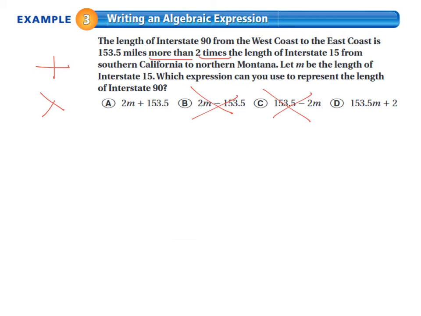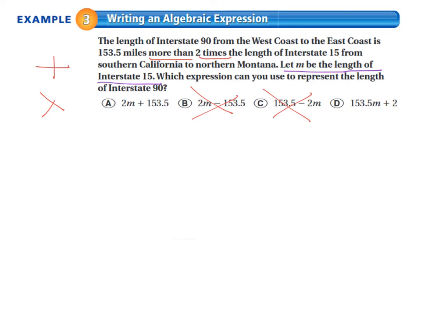153.5 miles more than 2 times the length of Interstate 15. So I'm going to be multiplying 2 times the length of Interstate 15. I don't know the length of Interstate 15, because it says right here, let M be the length of Interstate 15. So it's going to be 2 times M. We have a variable for that.